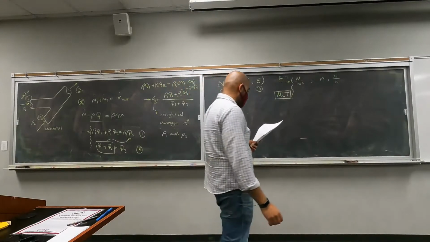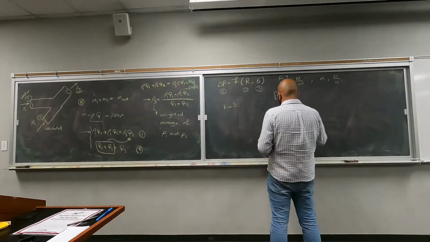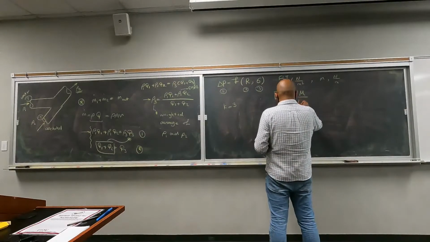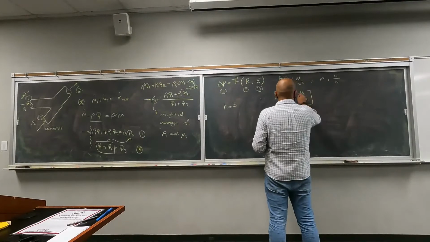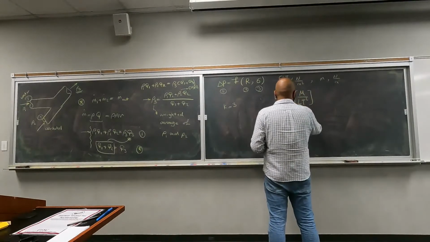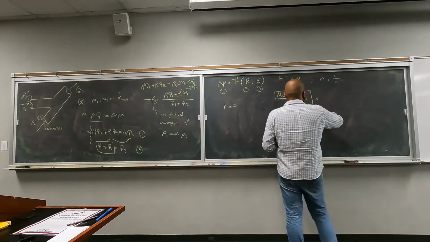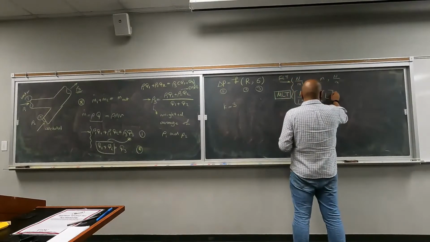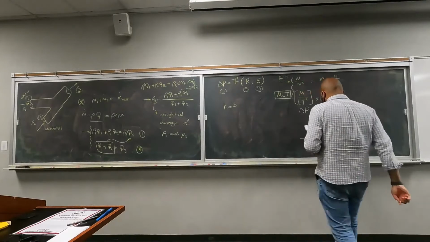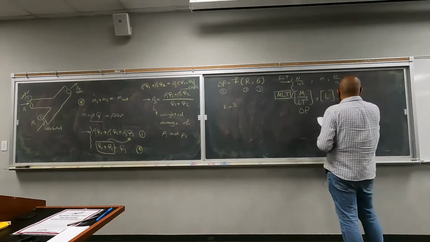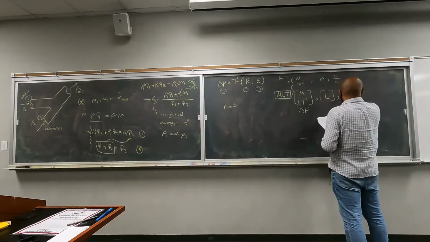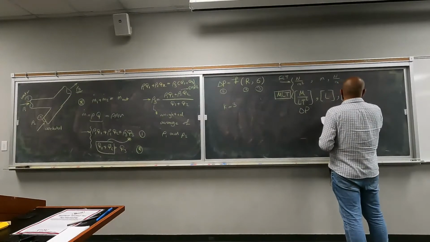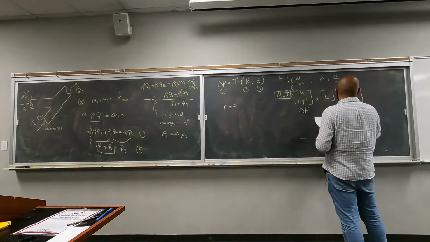So in MLT, for delta P, we are going to get mass divided by length times time squared. That's the dimensions of delta P. For length we are going to get just length, right? And for sigma, the surface tension, we are going to get mass divided by time squared.